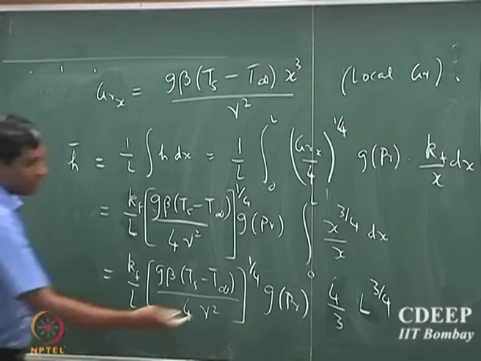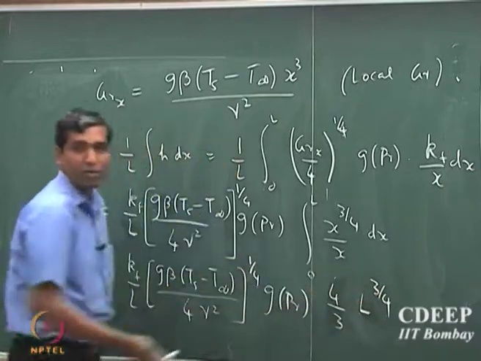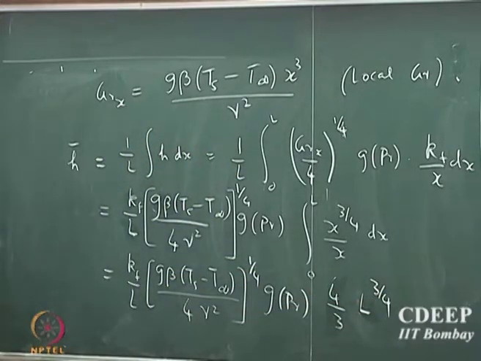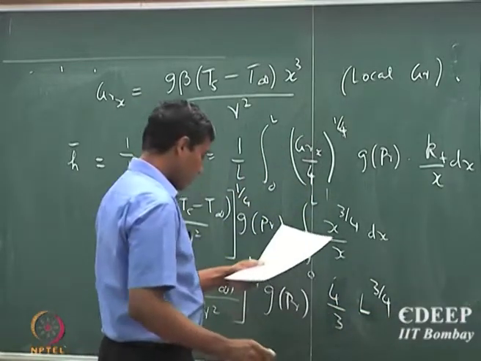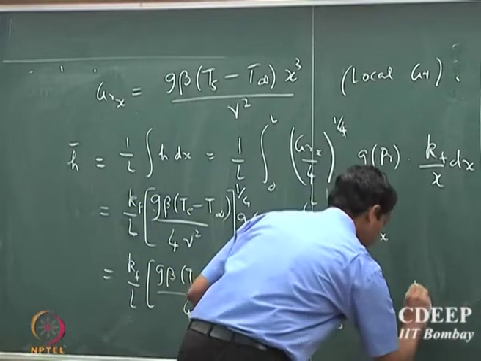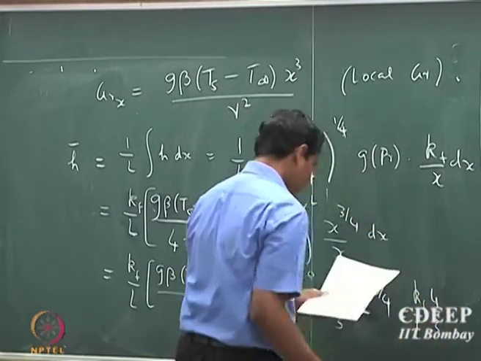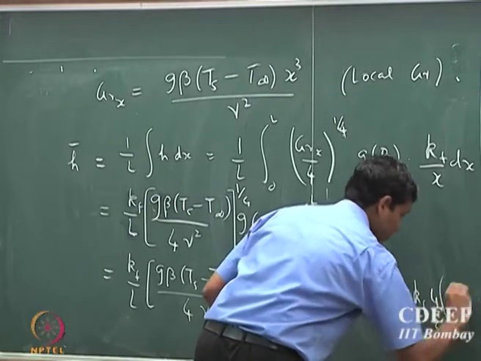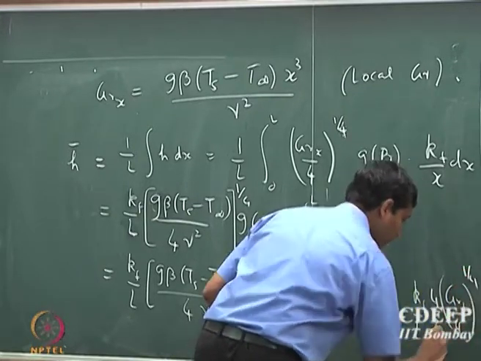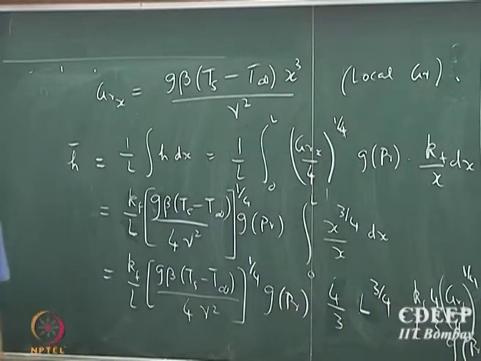So when you integrate, you get a 4 by 3, which comes out because of the integration, times L to the power of 3 by 4. So that turns out to be Kf by L, 4 by 3 into the Grashof number based on the length to the power of 1 by 4, multiplied by the function of the Prandtl number.